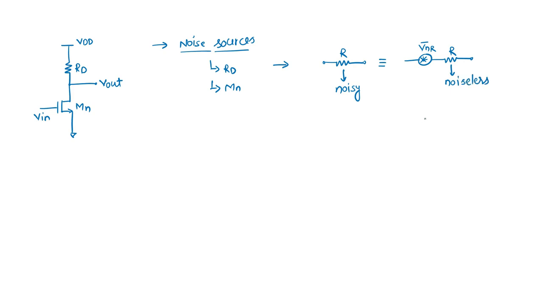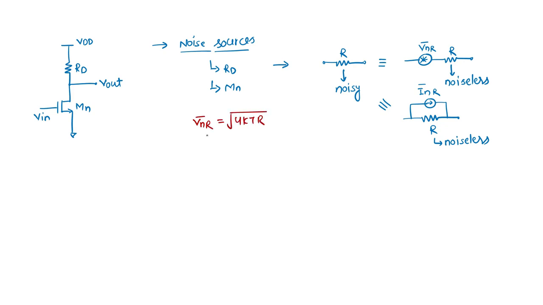So in series with this resistor we can write the noise source, and alternatively, in parallel with this resistor, we can model the same noise source using a current element, the noise current INR average, but this R is now noiseless. So what is this VNR?